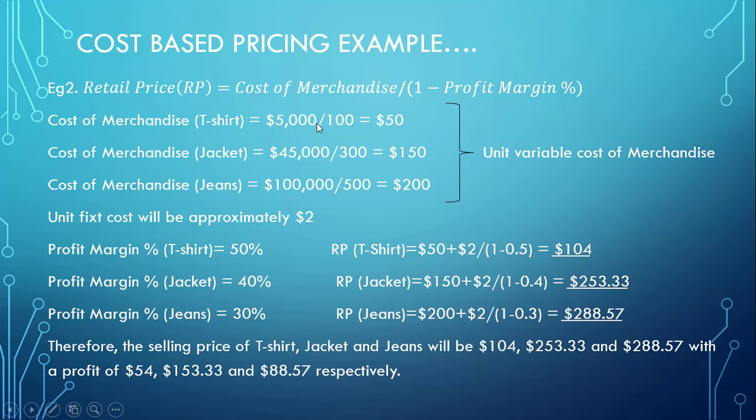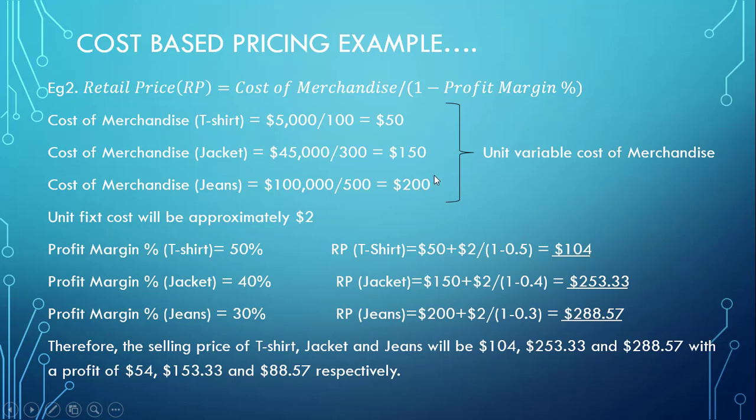You divide 5,000 by 100 units, then you will get $50 per unit. This will be the unit cost for t-shirts. The same for jackets: 45,000 divided by 300 gives $150 for jackets and $200 for jeans.